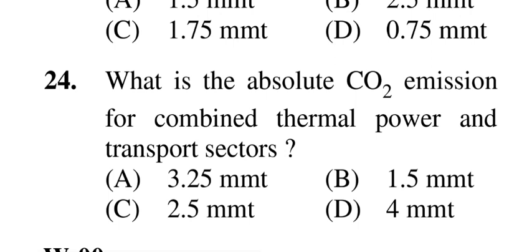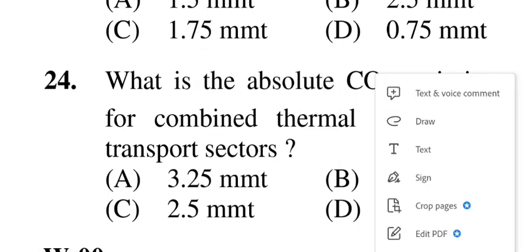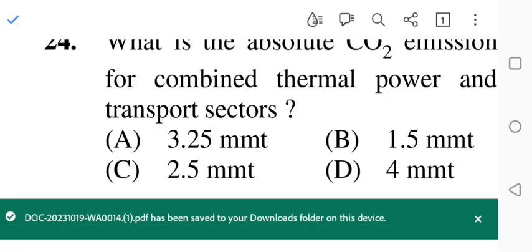What do you think? Okay, so 3.25 is the absolute CO2 emission for the combined thermal power and transport sectors. That will be A, 3.25 MMT.